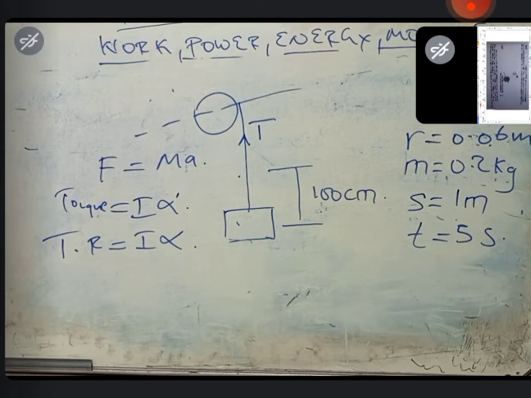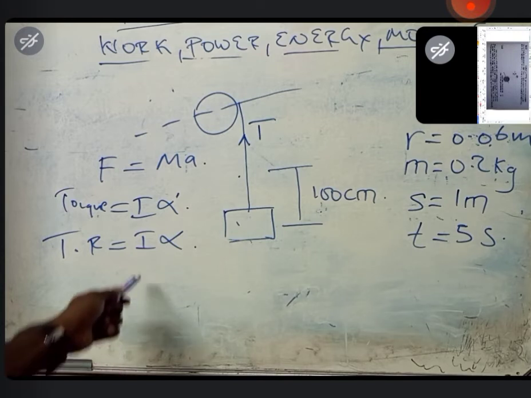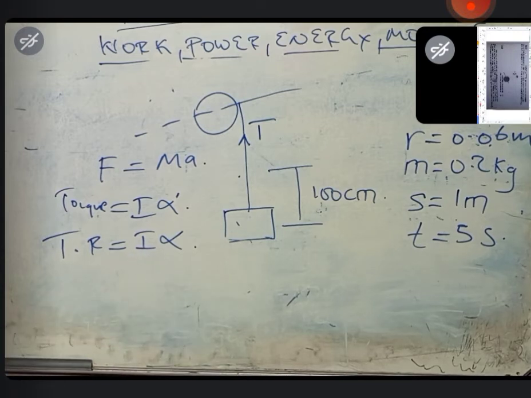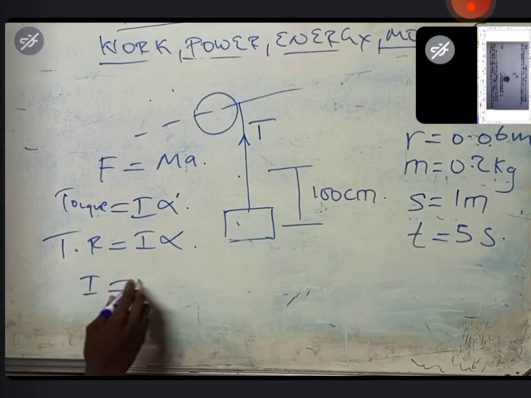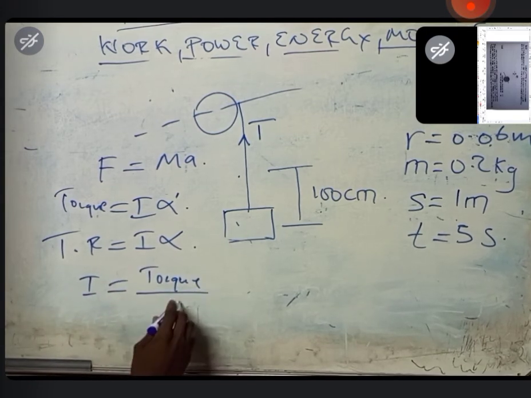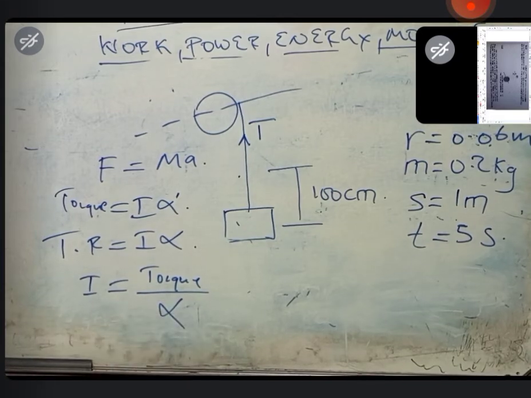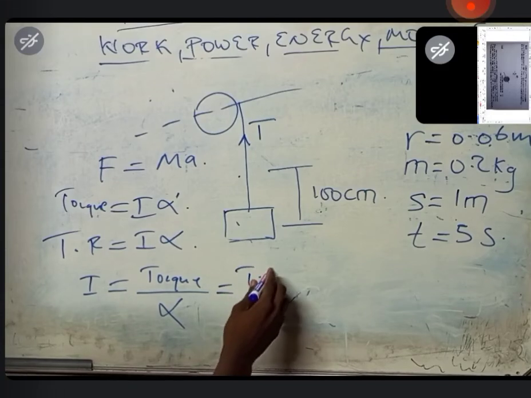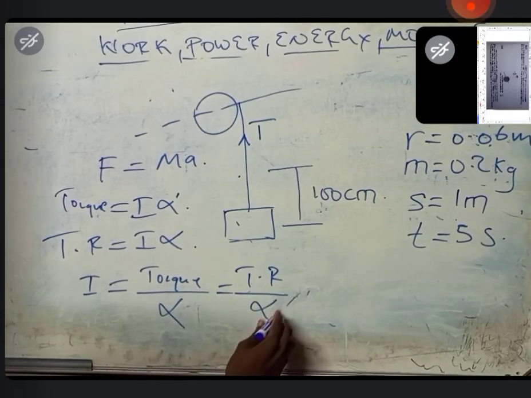Whenever you're given something like this, providing a support like that, whenever they ask for the moment of inertia, you need to divide the torque by the angular acceleration. And you know torque is the product of tension and the radius, over angular acceleration.